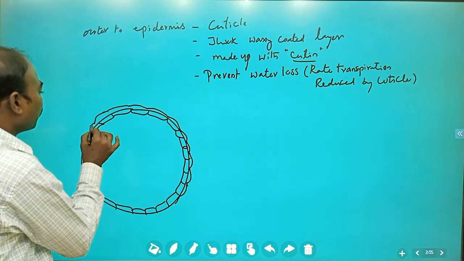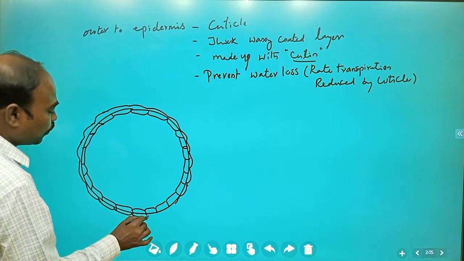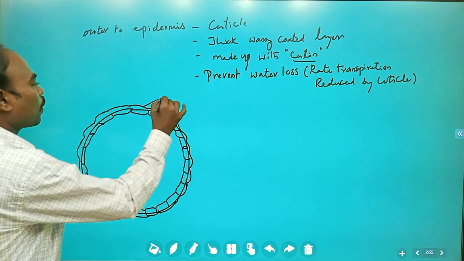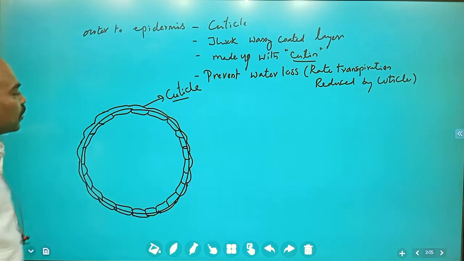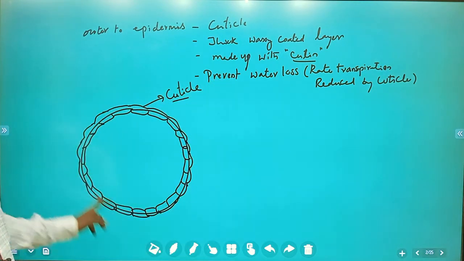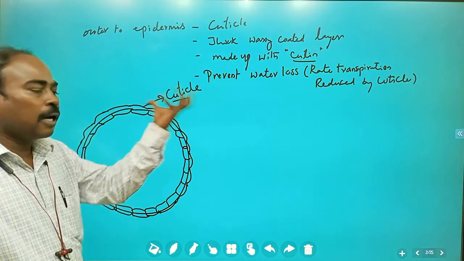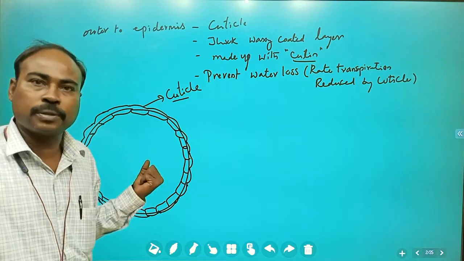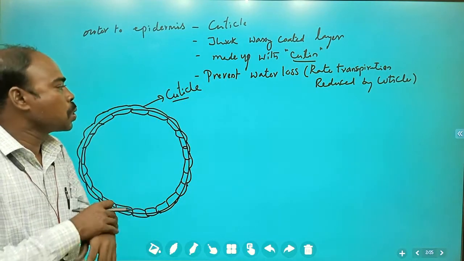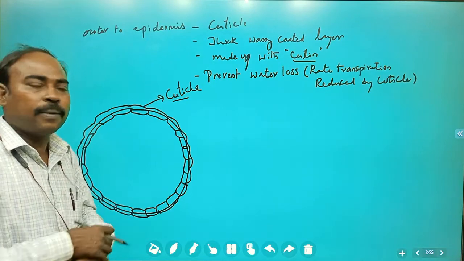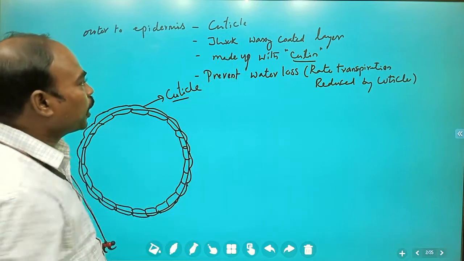This waxy layer is made up of cutin, which is useful for reduction of the rate of transpiration, and it is also the outermost covering of the epidermal cells, and it also checks the entry of pathogens. Entry of pathogens is obstructed by the cuticle layer, right? So cuticle is a protective layer of epidermis made up of cutin.